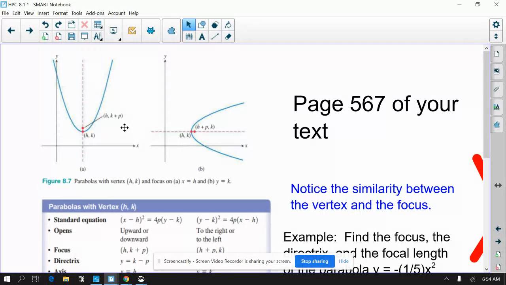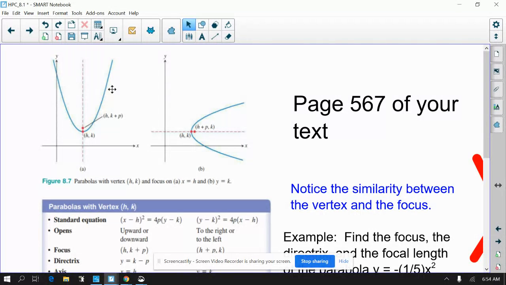And we'll have to find out what p is, just like we'll have to find out what h is and what k is. This one has a focus too, and it's also p away. But notice p is being added to h, so you would add p to the x value. So you would go further to the right or further to the left because p could be negative.